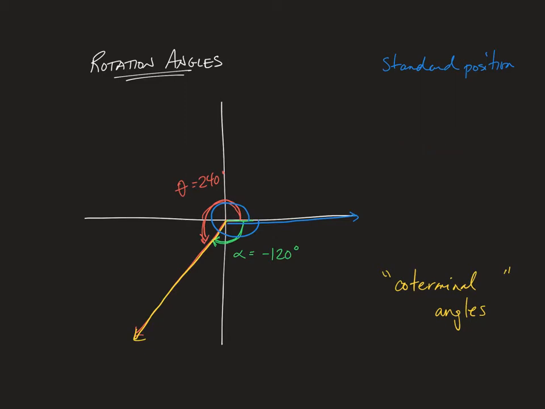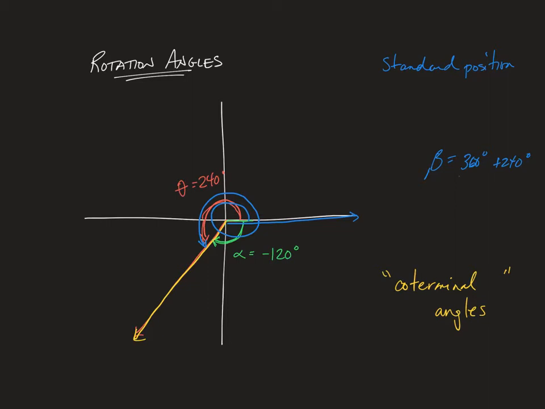This is now angle beta. What I've done is I've already gone 360 degrees for my one full rotation. Now I rotate around another 240 degrees to put me in that same position.